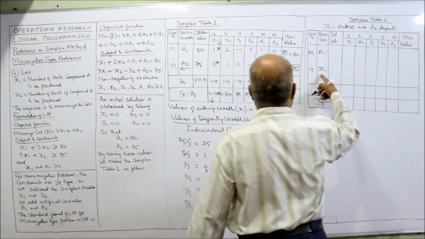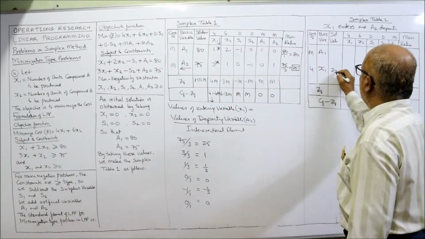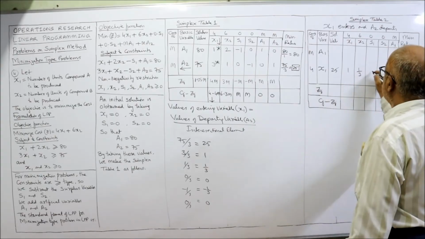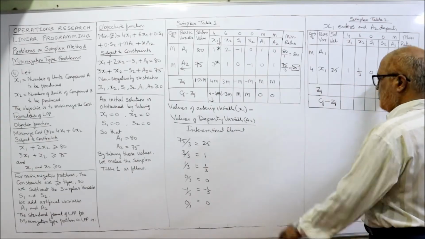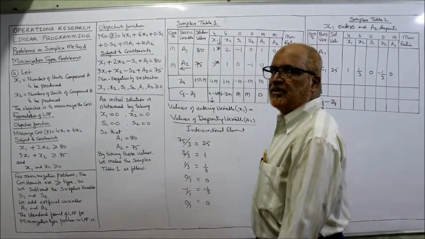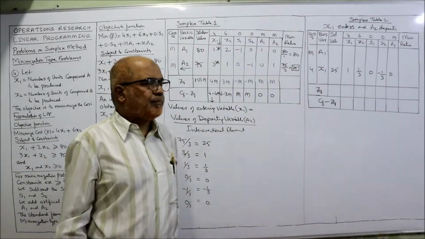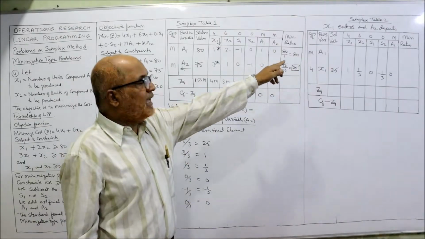So here for x1 I am writing the value 25, 1, 1 by 3, 0, minus 1 by 3 and 0. That's all. So we got the values of the entering variable. Now values of A1.